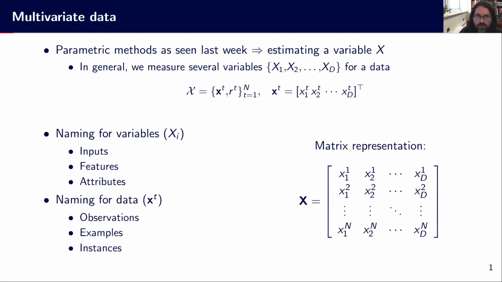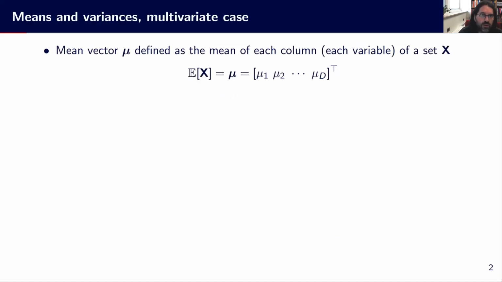So we can put all the dataset variables, measurements into a matrix. This big matrix X is D by N. So we have D variables and N samples overall, N instances. The mean vector mu is defined as the mean of each column.